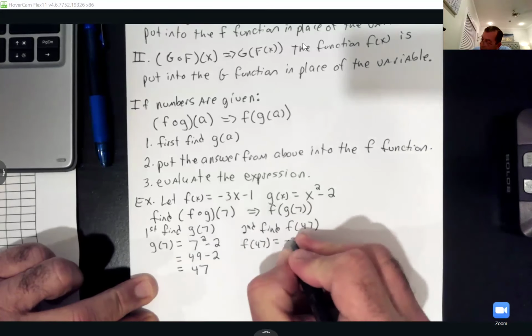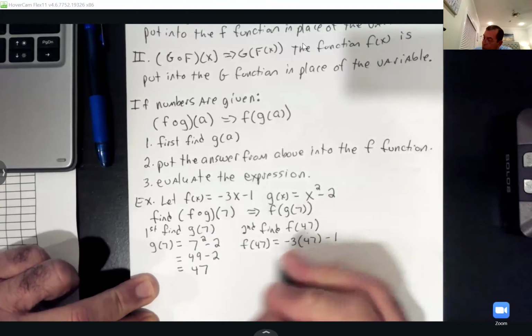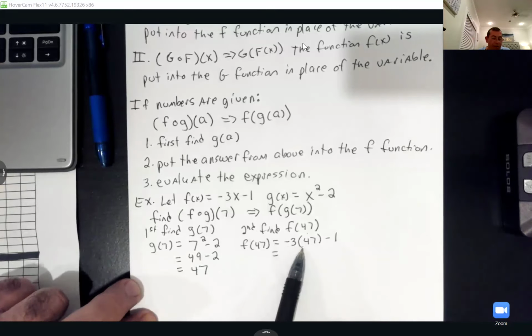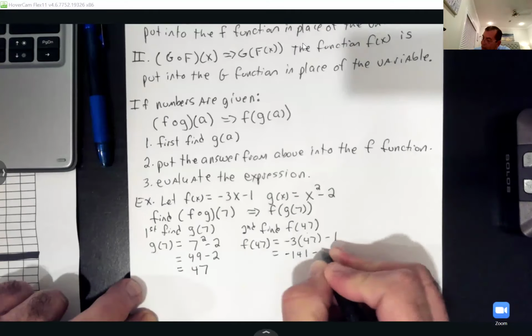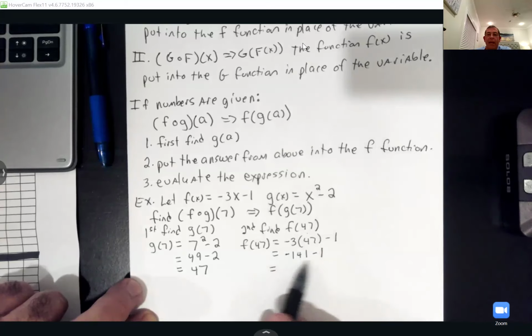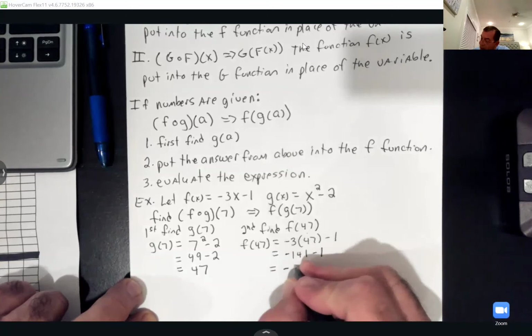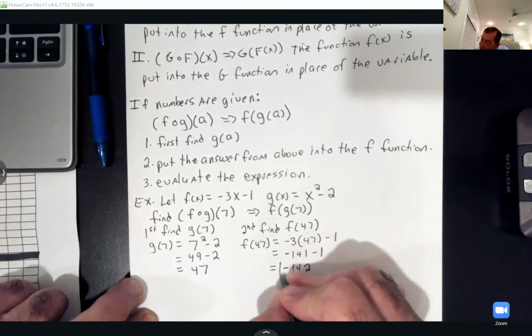So that'll give me negative 3 times 47 minus 1. All right, y'all, let's see. Negative 3 times 47 is negative 141 minus 1. So a negative minus a number gives me a negative number. So negative 141 minus 1 gives me negative 142.